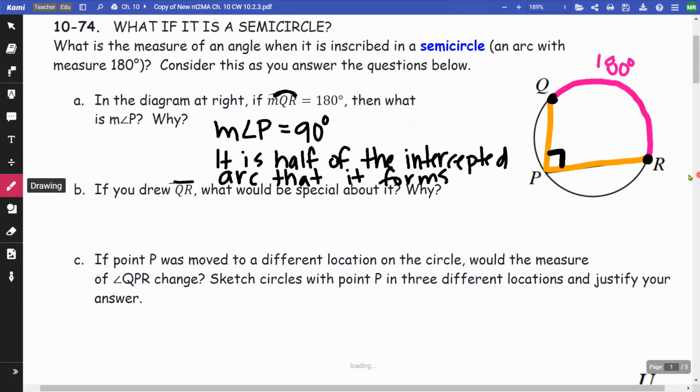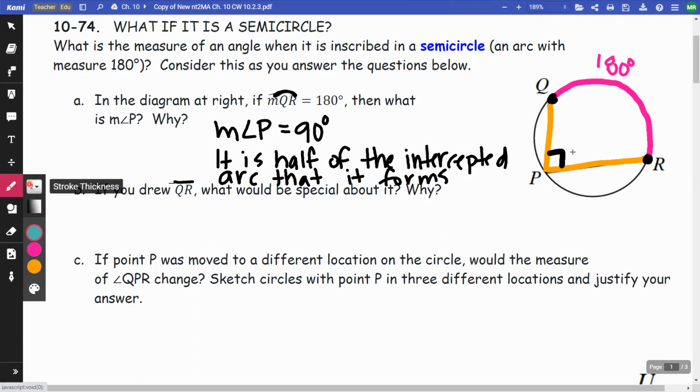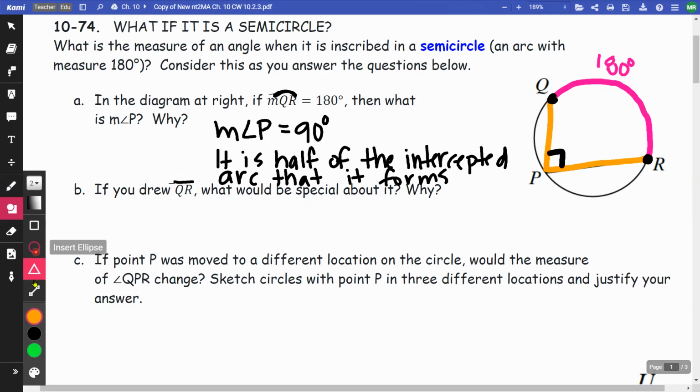Okay, the next question says, if you drew QR, what would be special about it and why? So if I draw QR, what's true about QR is that this is going to split this into two semicircles.